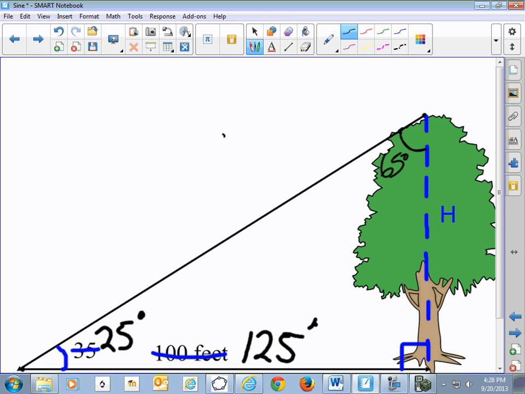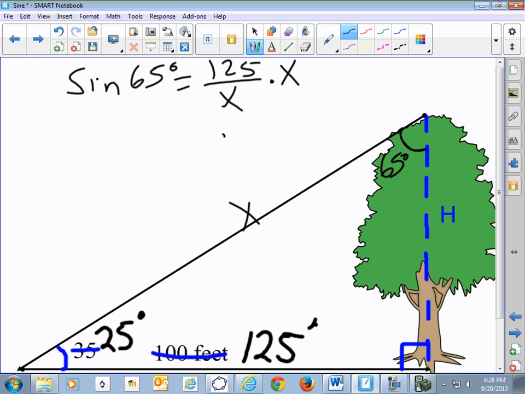So we know the sine of 65 degrees equals the length of the side opposite over the hypotenuse. So I guess I better label that. Let's get the x out of the denominator. Let's get the x all by itself.